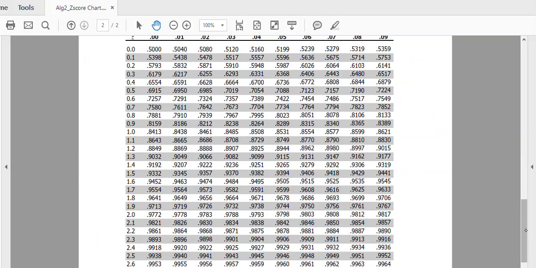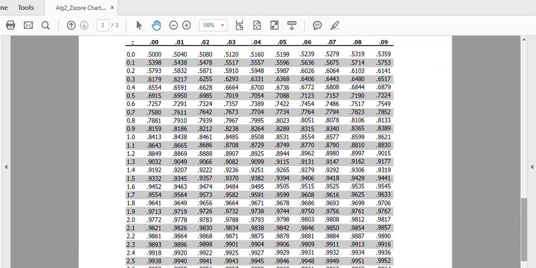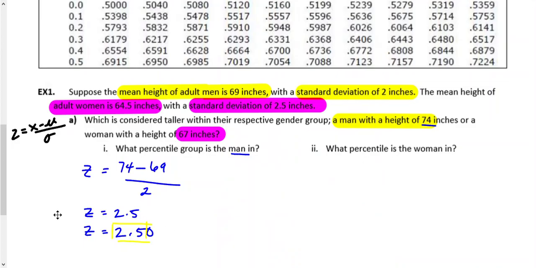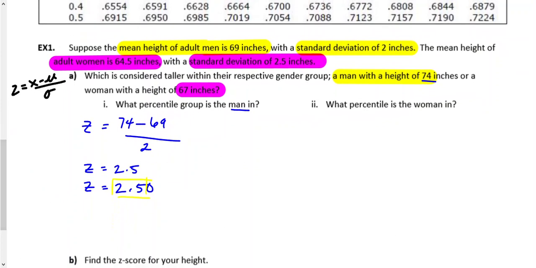The third number goes with the top numbers up here. So I have my 2.5, and then I go over to the 0 column, so 2.50 gives me 0.9938. So that is the probability that matches the z-score of 2.5.